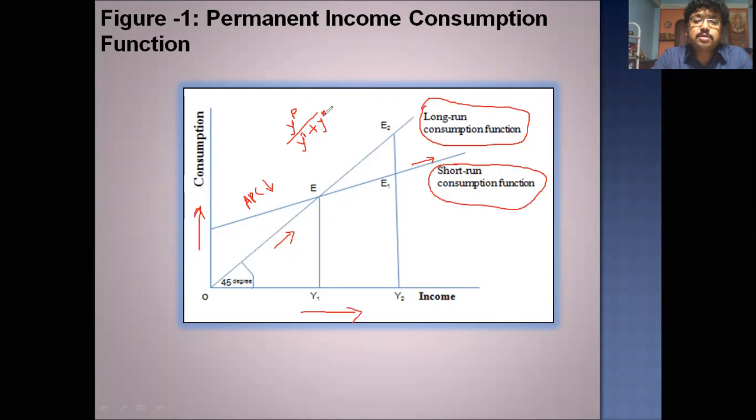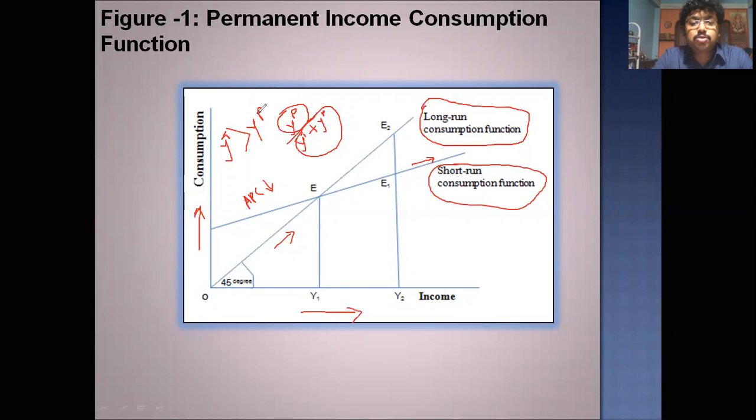So in the long run, this whole part will increase at the same rate as YP. In the long run, both YP and YT plus YP will increase, so there is no decline in the APC, the average propensity to consume. But in the short run, YT, the transitory income, may be greater than the permanent income.